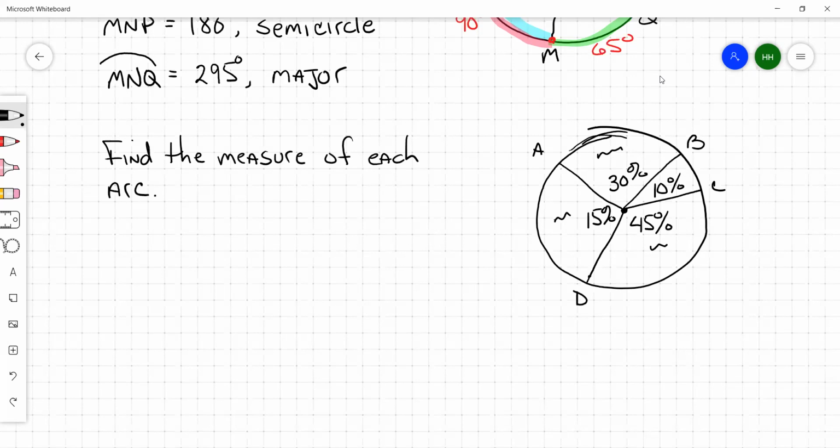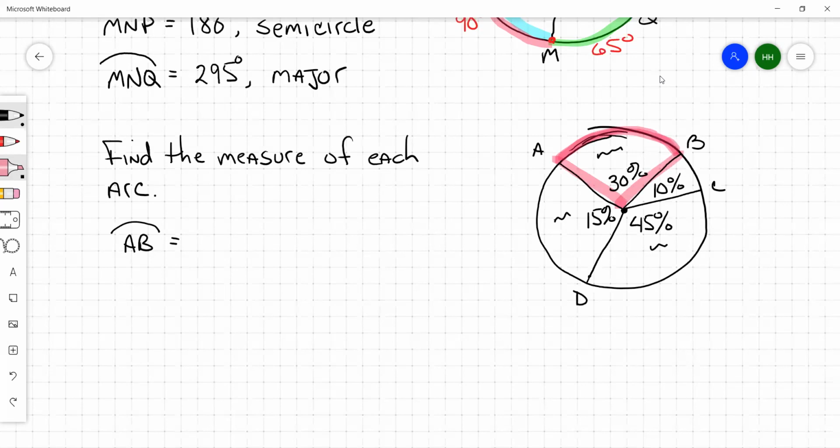Now, just be careful here, because let's say you got to find the measure of arc AB. Its corresponding central angle is listed as a percentage.